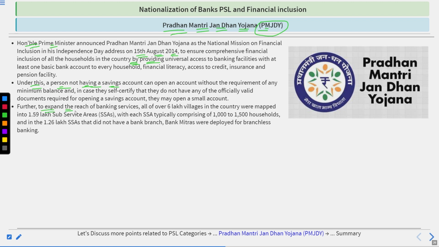Further, to expand the reach of banking services, over 6 lakh villages in the country were mapped into 1.59 lakh sub-service areas, with an SSA typically comprising 1000 to 1500 households, and in the 1.26 lakh SSAs that did not have a bank branch, Bank Mitras were deployed for branchless banking.